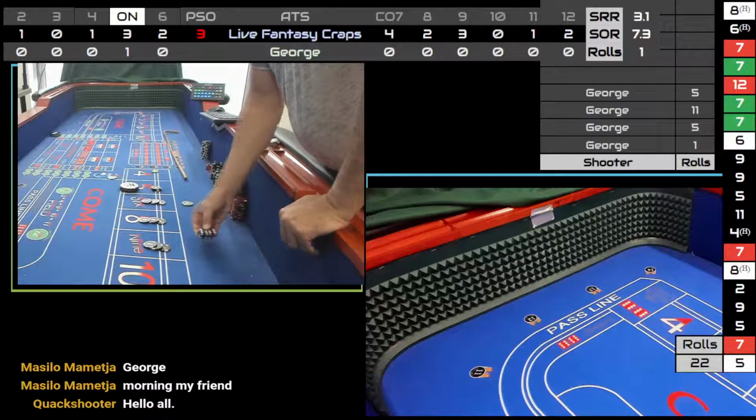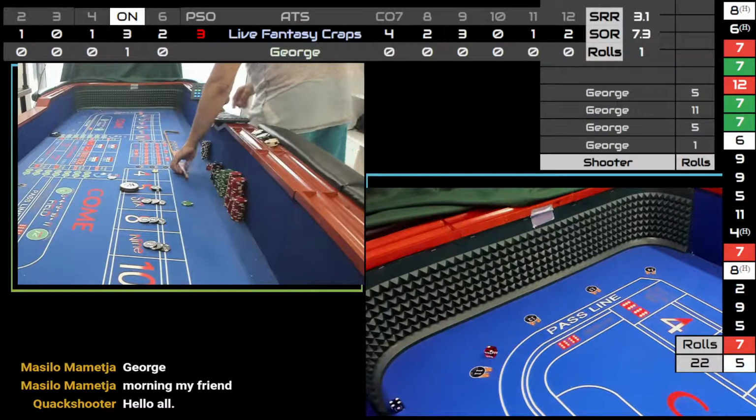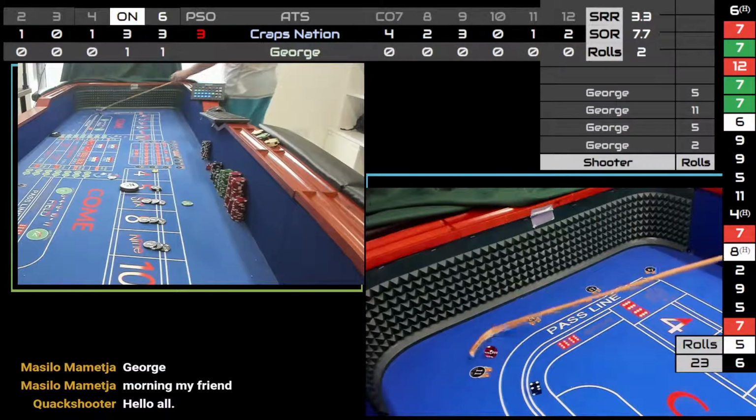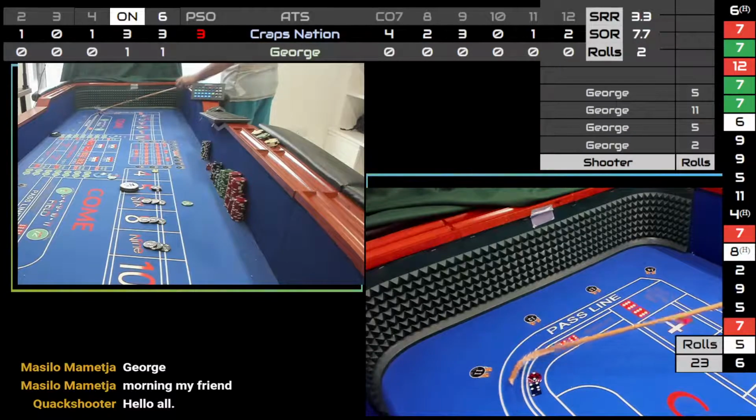Dice out. 4, 2, 6. This time this die behaved, this one exploded.